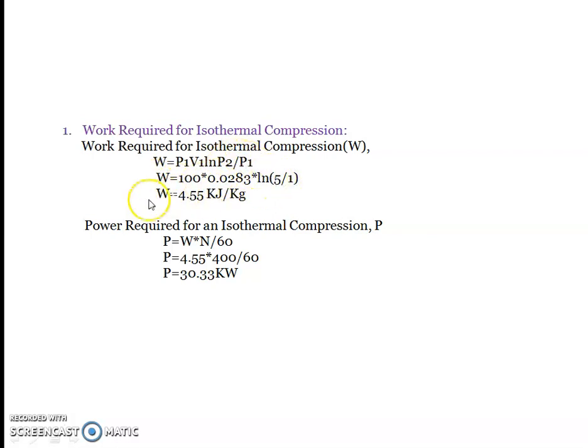By substituting these values, we will get work done as 4.55 kilojoule per kg. Power required for an isothermal compressor P = W × N/60, where N is speed. Since it is a single acting compressor, N is equal to 400 RPM. So by substituting the work done and N value, we will get power as 30.33 kilowatts.